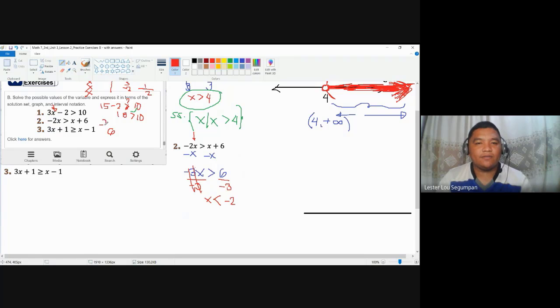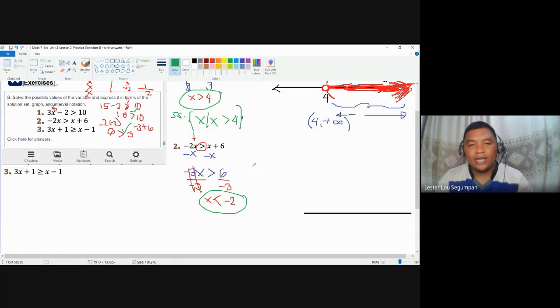The other side is -3 plus 6, which is actually +3. Using the given, because we are checking, is 6 greater than 3? Yes. This means that our solution here in the linear inequality form is correct.